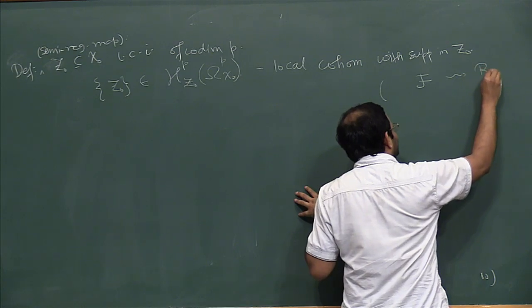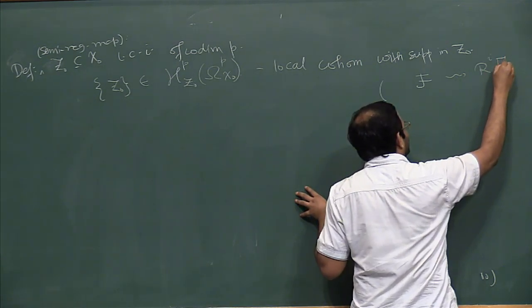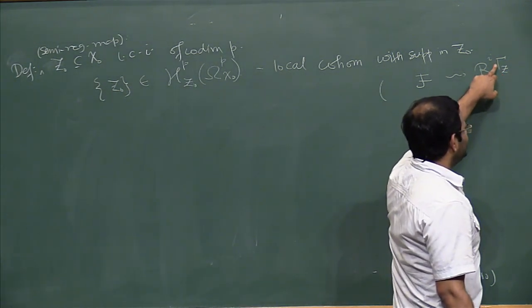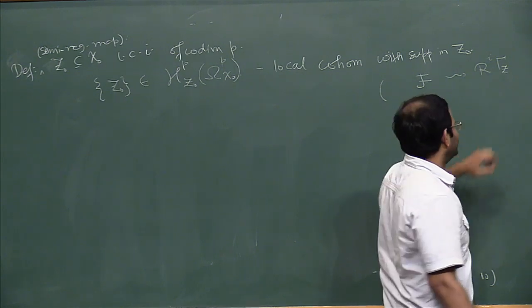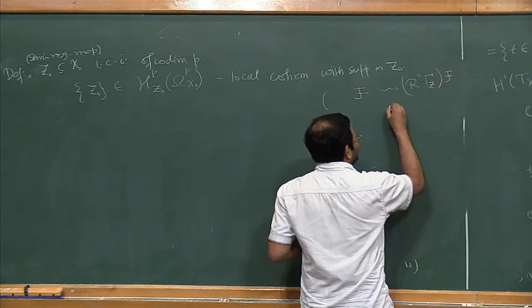But here what you do is you take R^i of global sections supported at Z. Normally you just take the global section, here you take the supported one, and you apply F. And this will give you the cohomology.